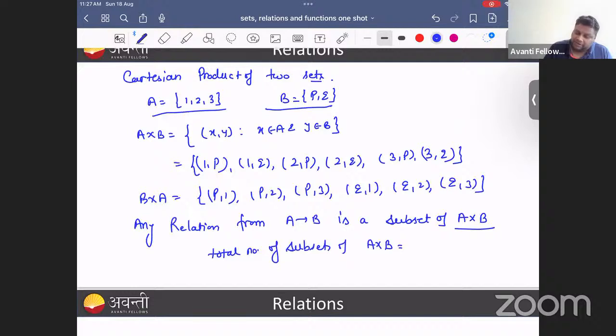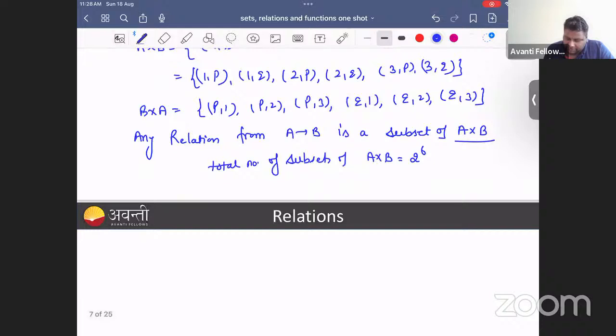So the number of elements in A cross B is 6. So the total number of subsets of A cross B is 2 to the power 6. So there are a total of 2 to the power 6 relations which can be defined from set A to set B. Got it?